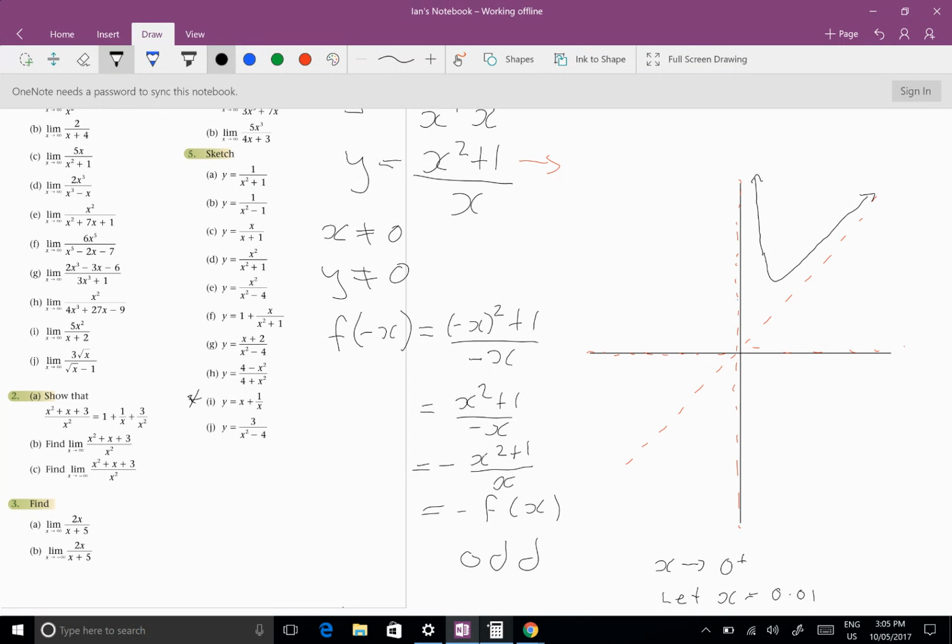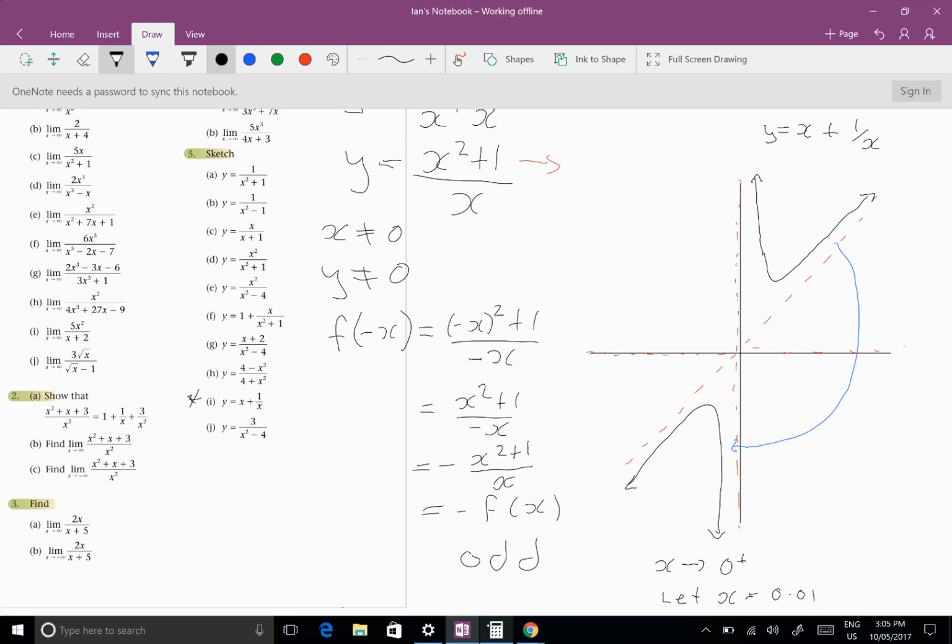And then if I rotate that through 180 degrees, I'll get exactly the same thing there. And that's easy enough to draw. I'm going to get it there and there. And that is a graph of y equals x plus 1 on x.